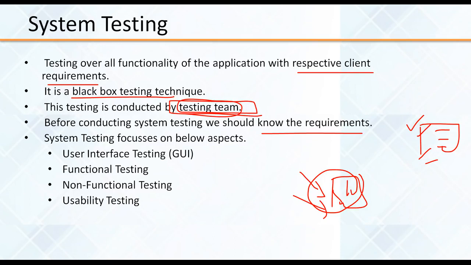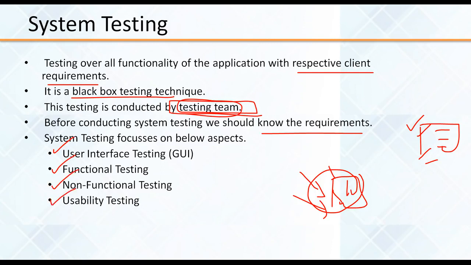So as part of system testing, as a tester, we are going to perform many types of testing. These are the high level categories: user interface testing, functional testing, non-functional testing, usability testing.